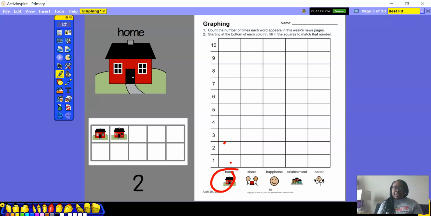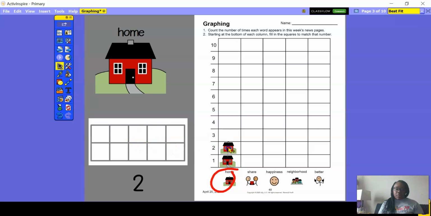Something just that represents those 2. But I, for the purpose of this lesson, am going to drag 1 and 2. So we saw the word home 2 times on our story.